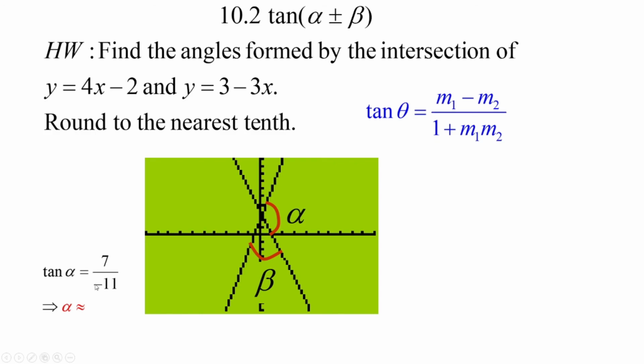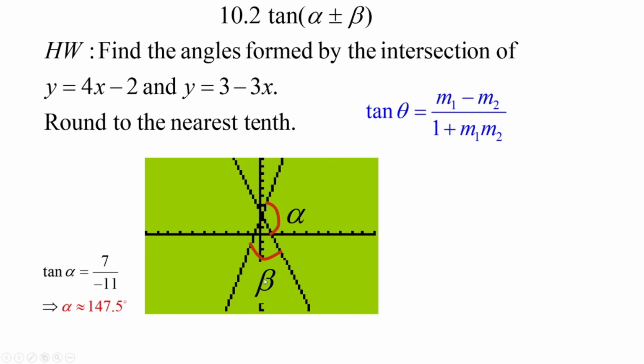Inverse tangent of 7 over negative 11. Now I'm getting a negative angle, and of course I want a positive angle. So my calculator gave me approximately negative 32.5, but I'm going to add 180 to that to get 147.5 degrees. All right, and that's how you do that.